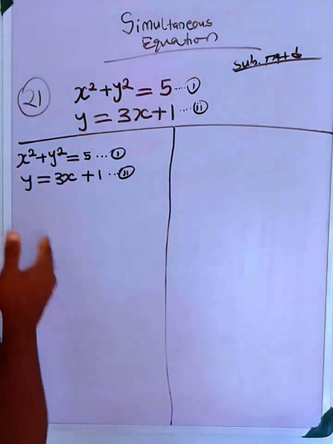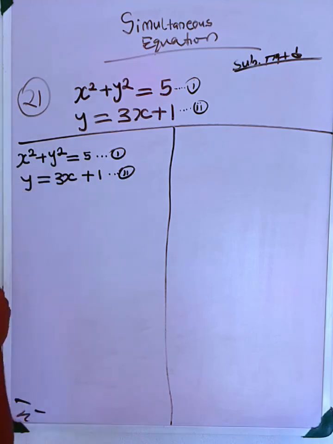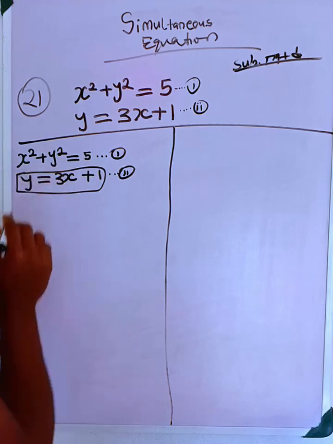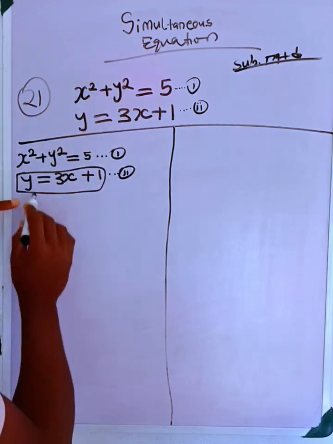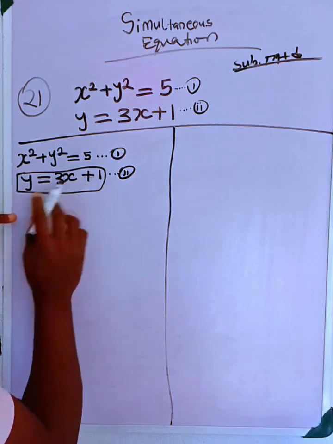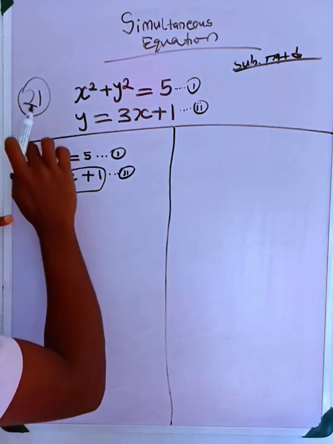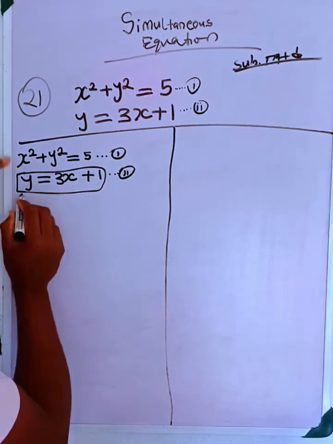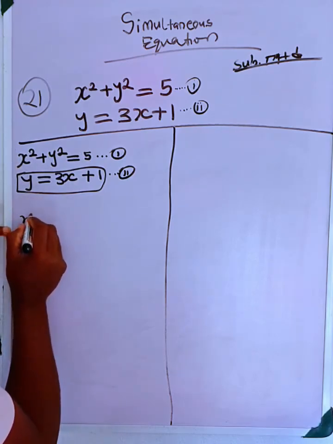The simplest variable here is y, and y is already the subject of formula. So if y equals 3x plus 1, we will substitute y in equation 1 to get the value of x.